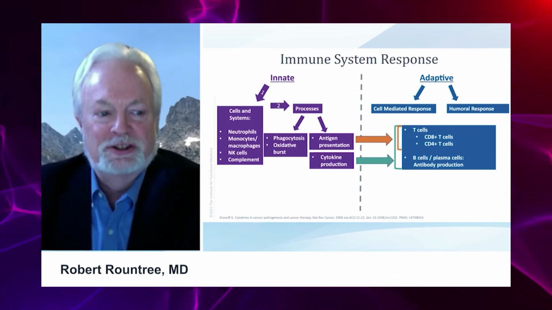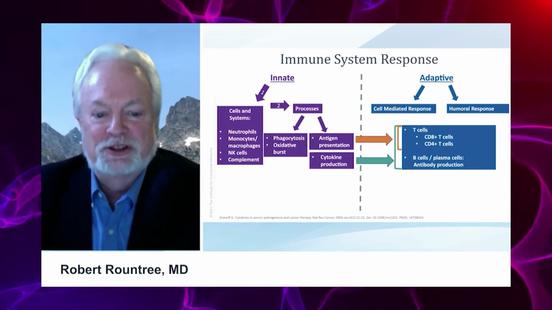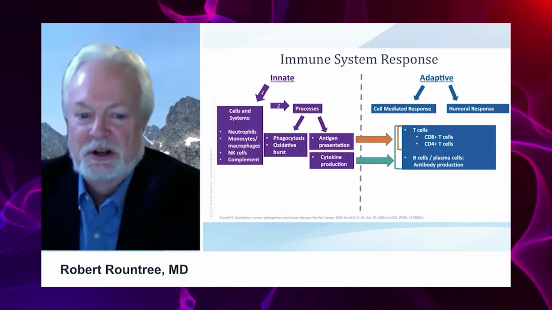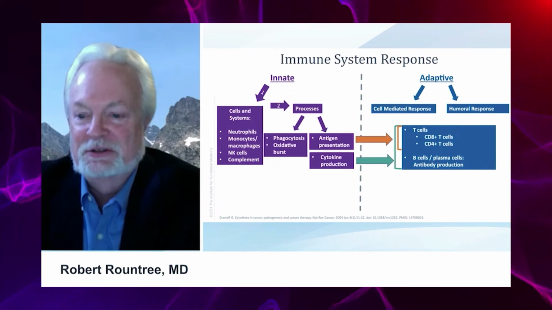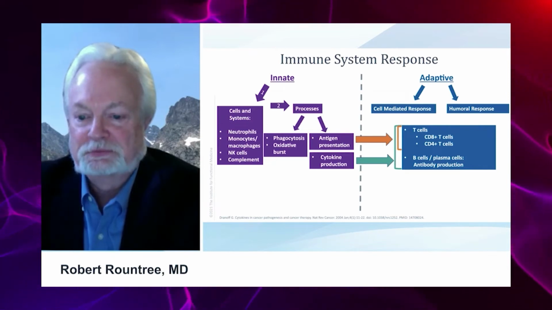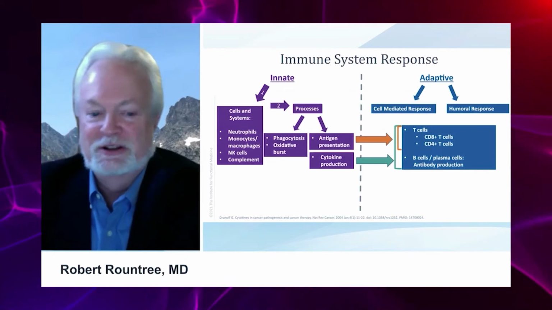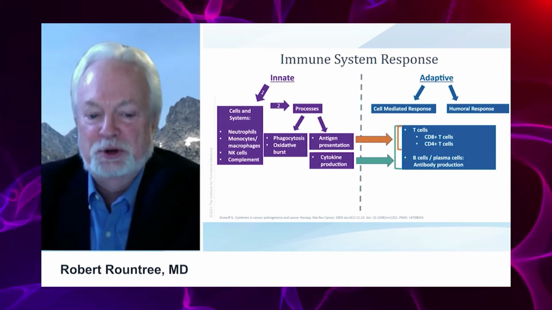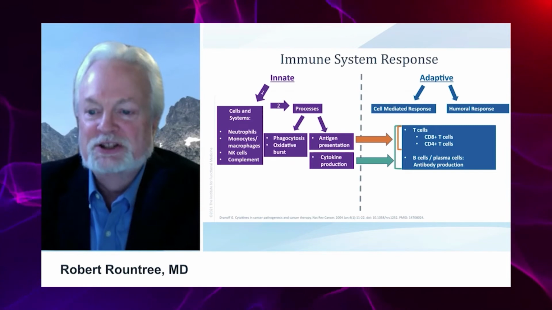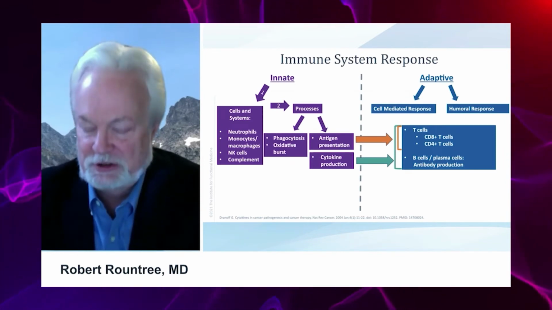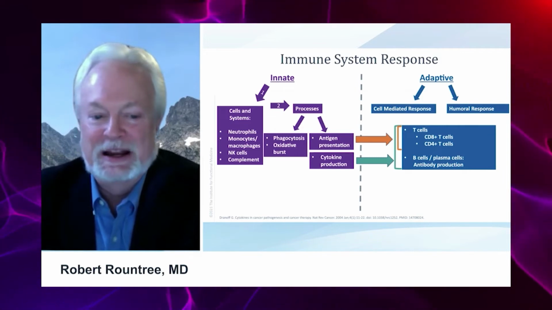In certain cells, that leads to antigen presentation and cytokine production. That antigen presentation then activates T cells and B cells, leading to proliferation and antibodies. The pro-inflammatory cytokine production, in turn, activates proliferation and induces antibody production.